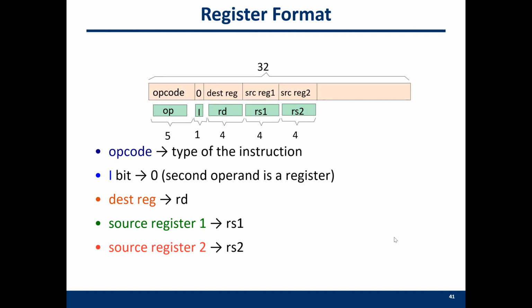So for example, if you have an immediate, so the ID can help you distinguish these 2 types of instruction. Whether the operation happens between 2 registers or 1 register and 1 immediate data.